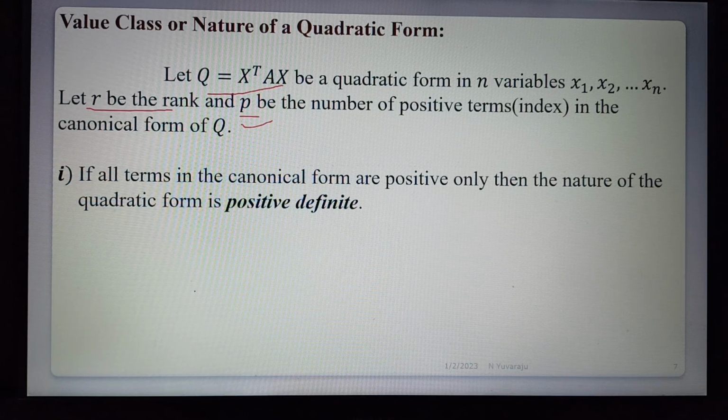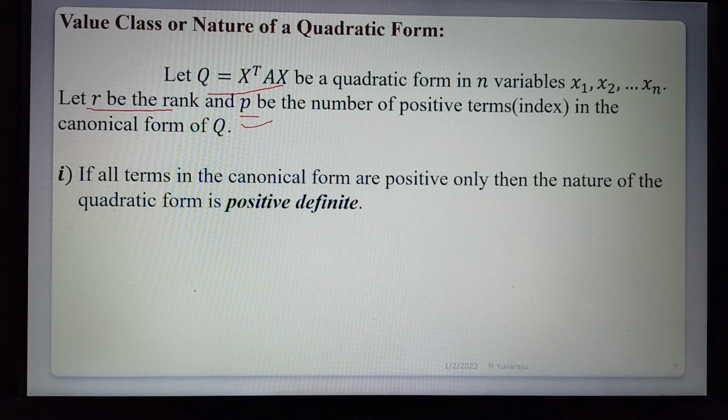First one: if all terms in the canonical form are positive only, that is non-zero positive, then the nature of the quadratic form is positive definite.